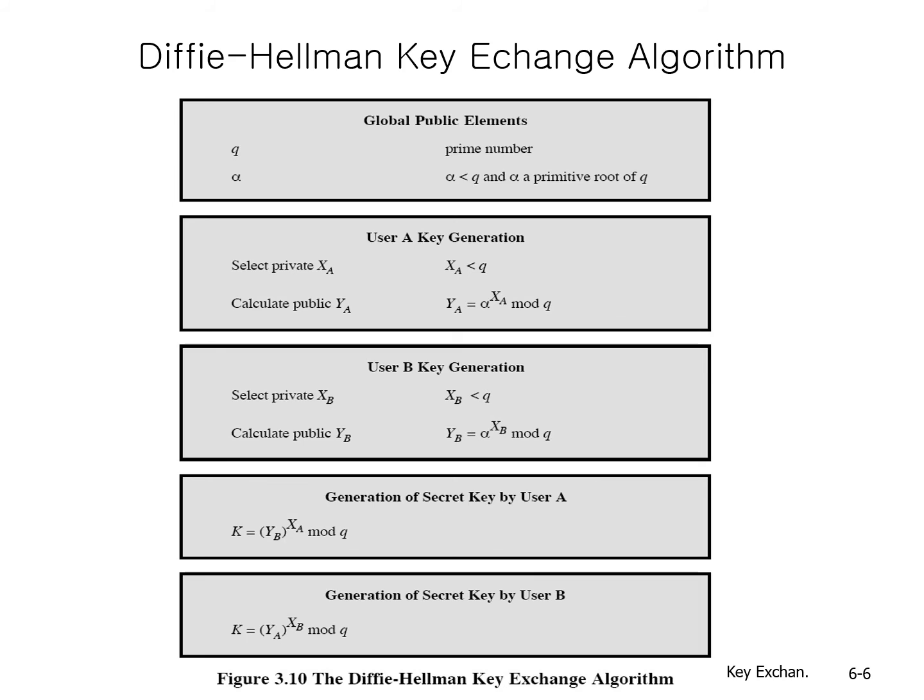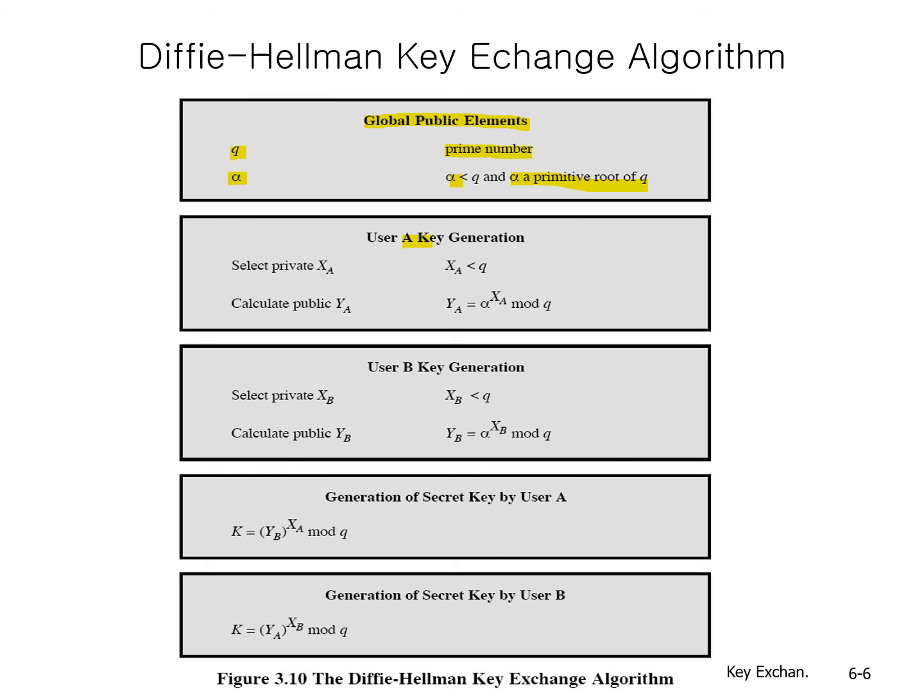Let's summarize the Diffie-Hellman Key Exchange algorithm. Both sides must have q and alpha. That's the reason why we call q and alpha the global public elements. q must be a prime number. Alpha is a primitive root of q, less than q.